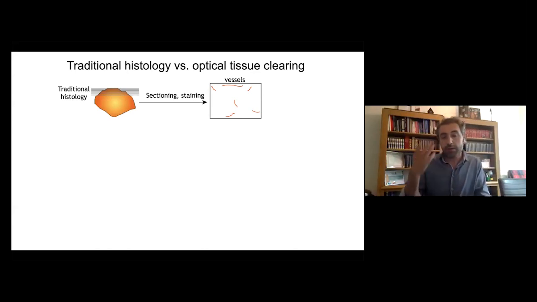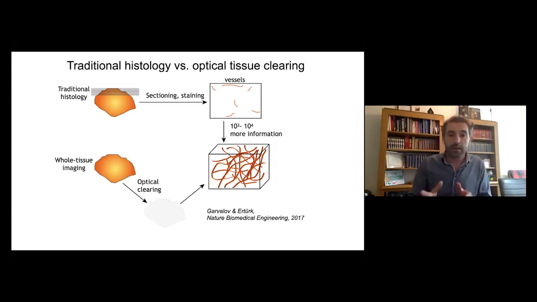To overcome this problem, we and others have been developing so-called optical tissue clearing technologies, where we can convert opaque biological tissue into transparent structure. You can think of this as converting milk into water. We can see through and now scan through to obtain 3D information of intact biological specimens.